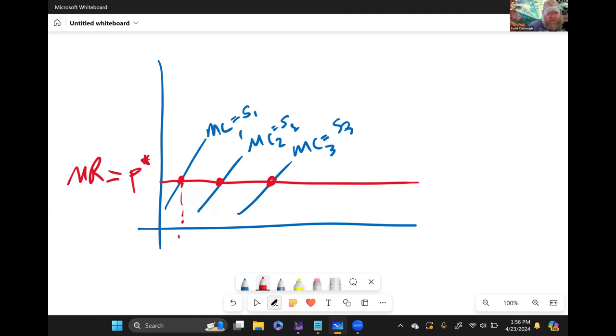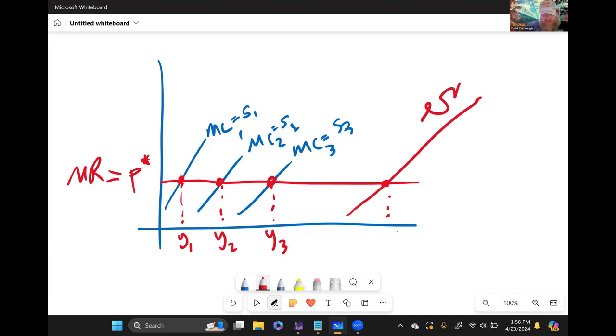So we have Y1, Y2, Y3. And then all this is going to mean is that there's going to be some market supply curve here, which I'm going to label with the big S, where this Q, we'll call it Q star, is equal to Y1 plus Y2 plus Y3.